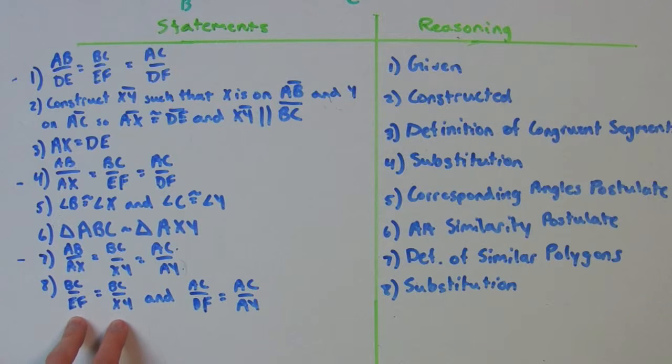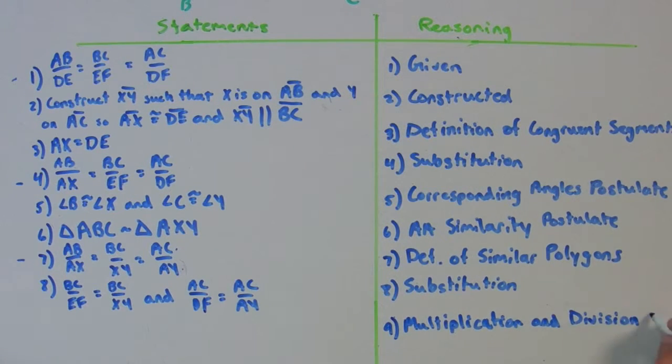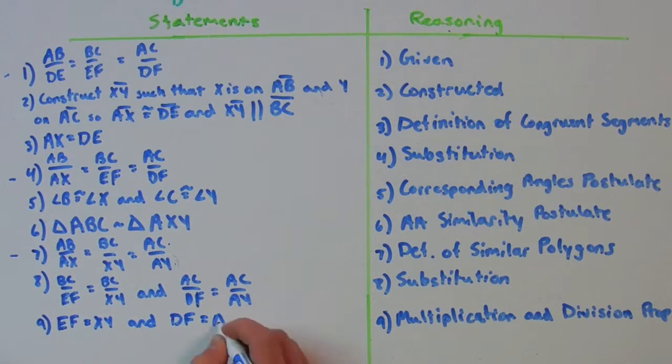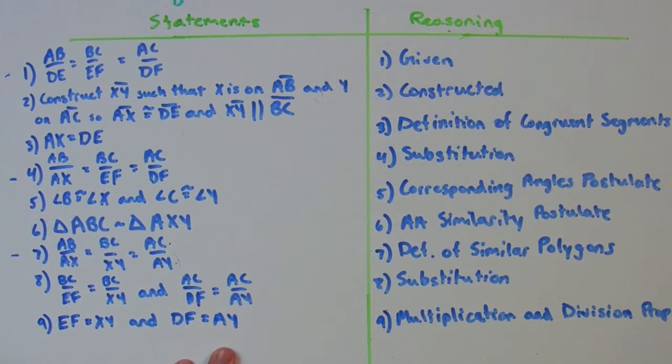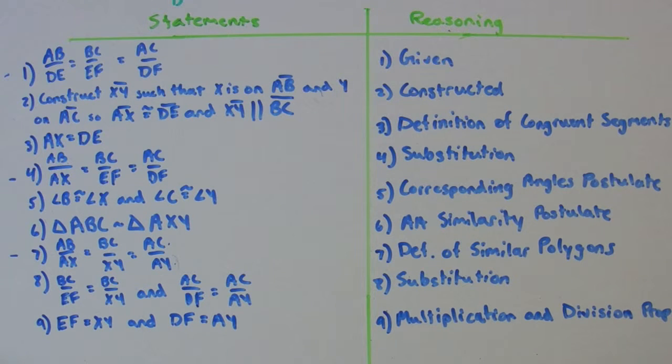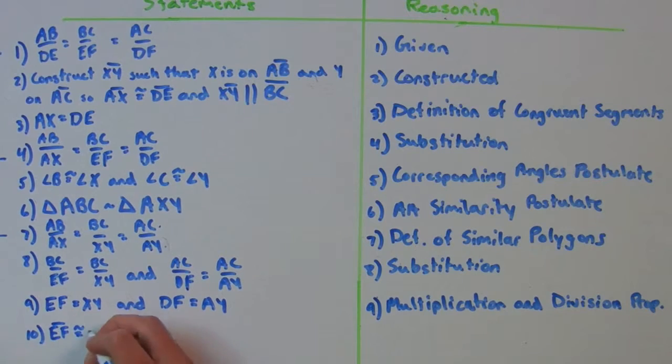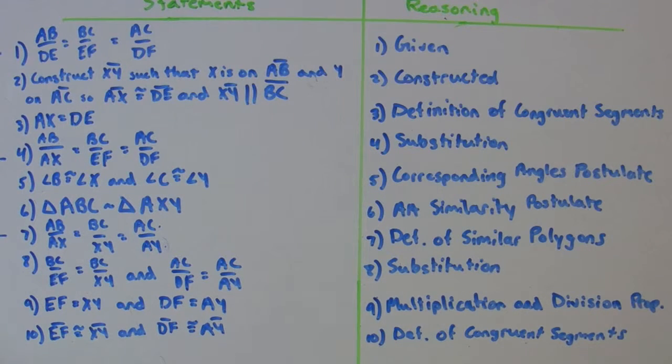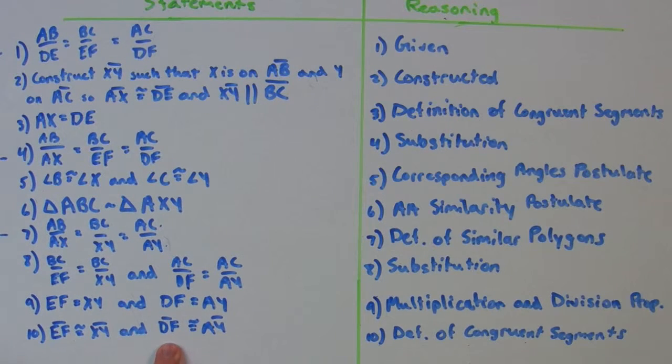Looking at this, the numerators are the same, and the numerators are the same again. So we can use multiplication and division properties to say that EF is equal to XY and DF is equal to AY. And since they're equal in measure, they're also congruent by the definition of congruent segments. We have segment EF is congruent to segment XY, and segment DF is congruent to segment AY.